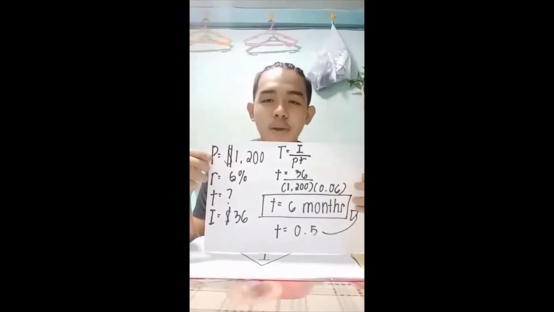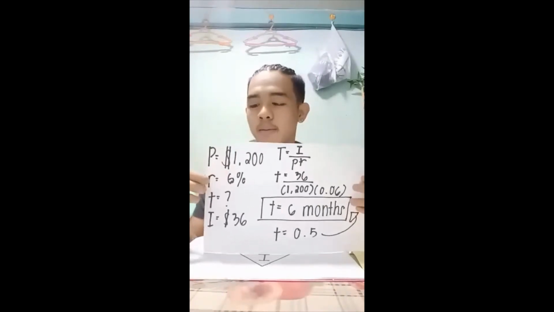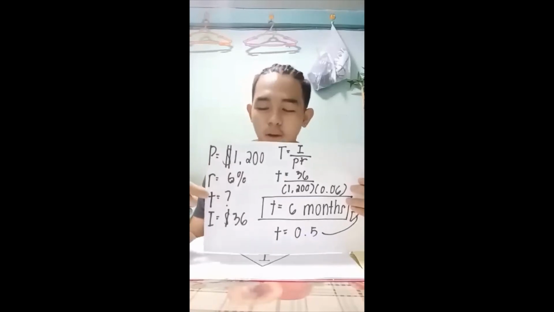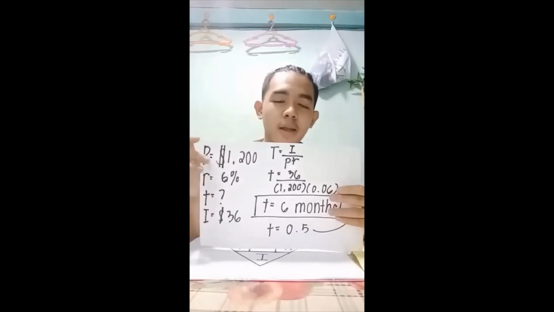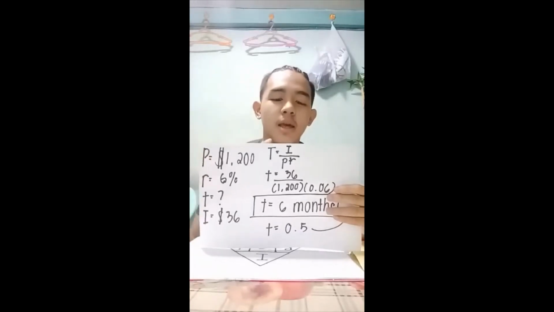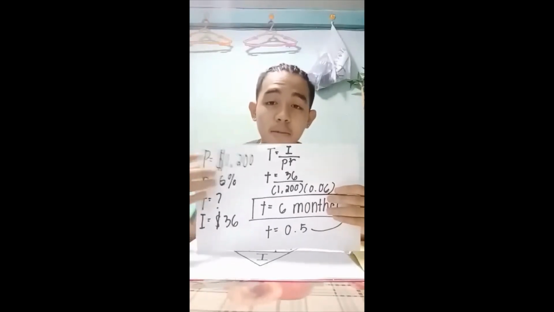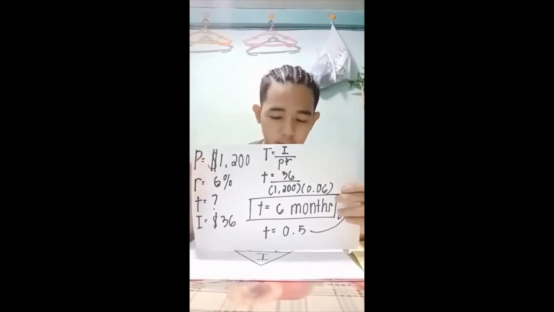So in that case, I am ready for that. Principal value is equal to 1,200. The rate is 6%. Time, this is what we're looking for. Interest is $36. The formula for time is interest over principal value times R. Just substitute it like we did in the other problems.